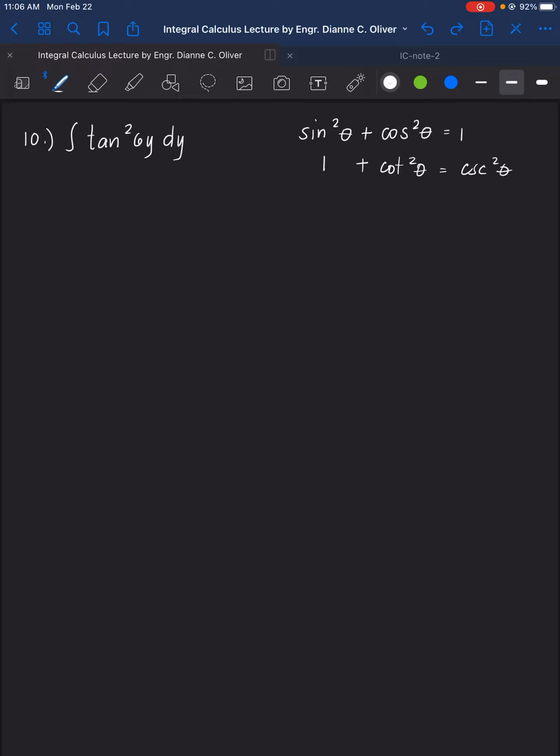Sine squared theta over cosine squared theta is tangent squared theta, plus cosine squared theta over cosine squared theta, that is 1, equals 1 over cosine squared theta, which is secant squared theta. The third identity here has tangent squared theta. So let's use this.